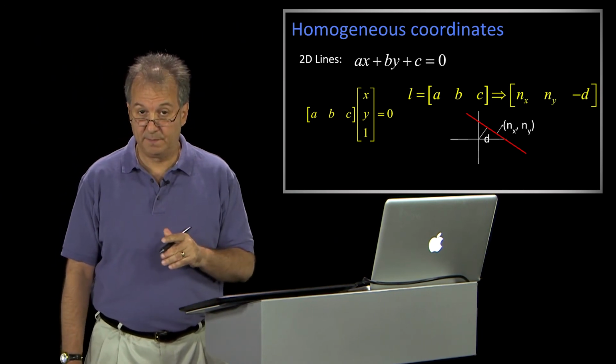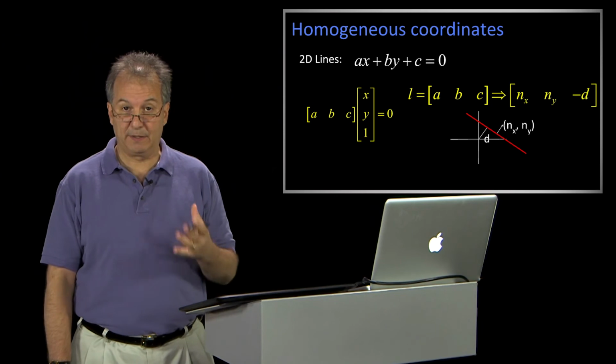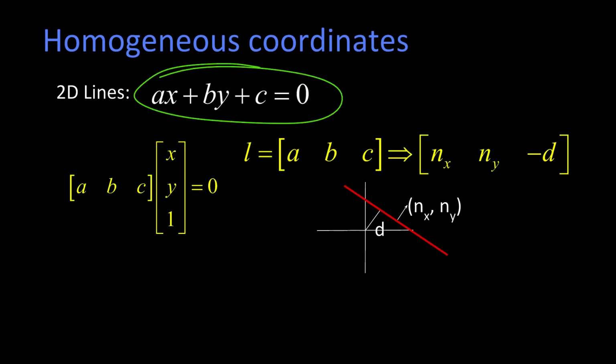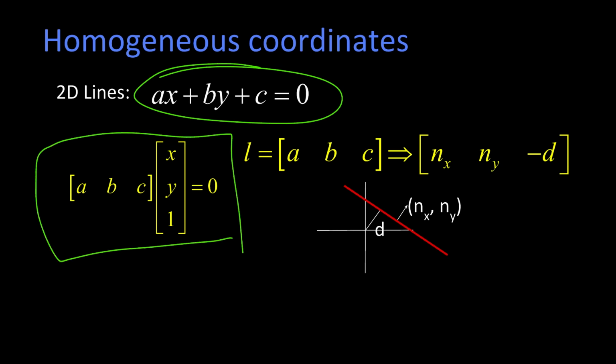In particular, they're going to give us a natural way of thinking about lines. And this time we mean two-dimensional lines. So here we have our standard equation for a two-dimensional line, ax plus by plus c equals 0. And what's nice is in homogeneous coordinates, it can be thought of as just a dot product, right?